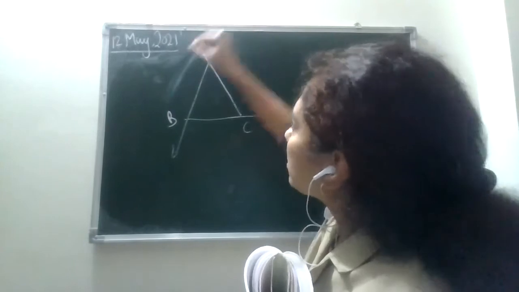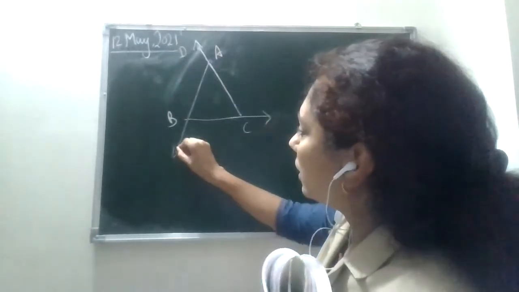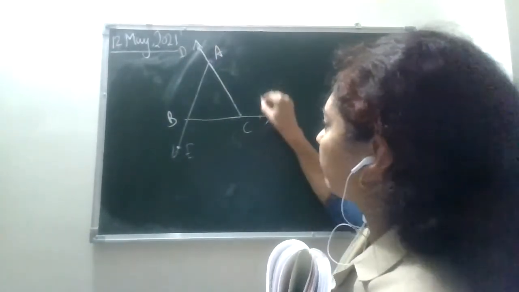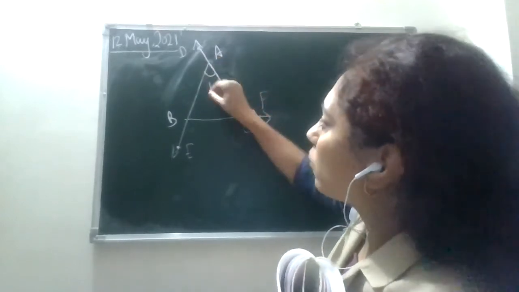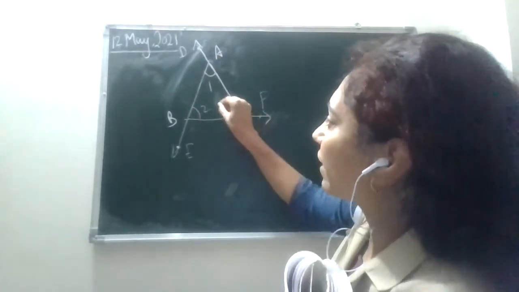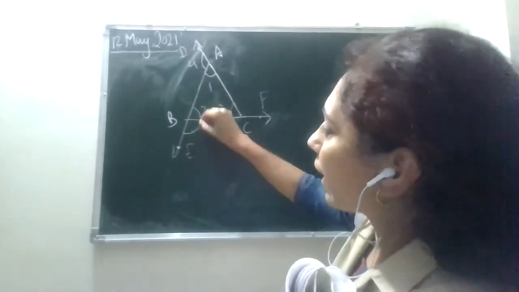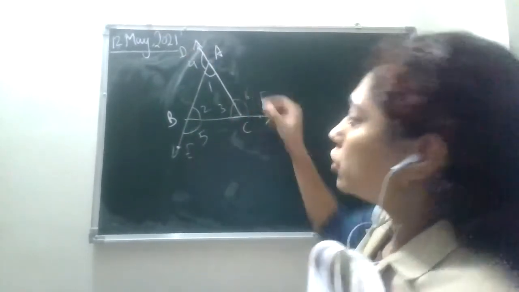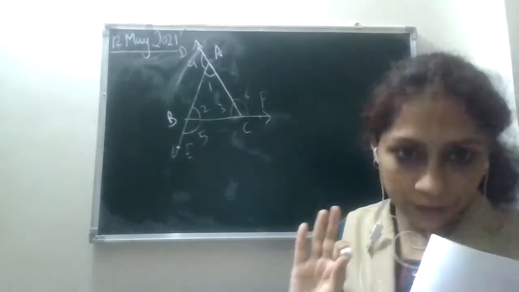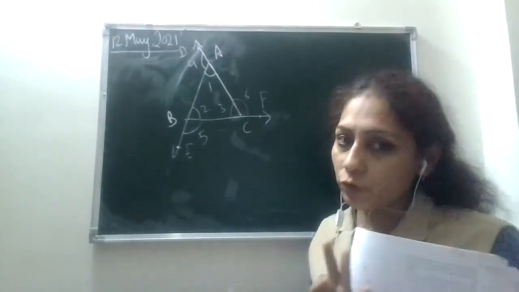Now, I'm extending this to D, E, and F. Likewise, we will name the angles as angle 1 plus angle 2 plus angle 3. You know that that is 180 degrees. Here angle 4, angle 5, and angle 6. You can keep the numbers in any order, provided the property remains the same.